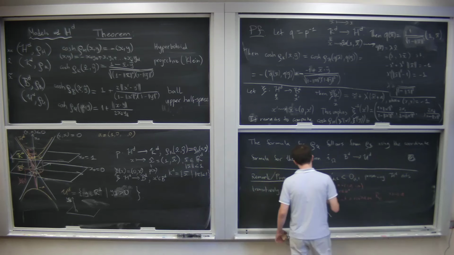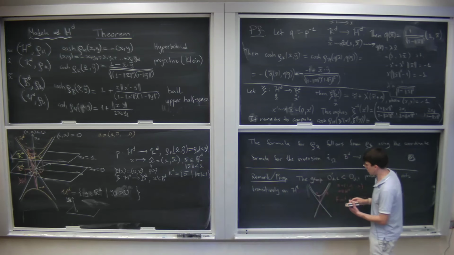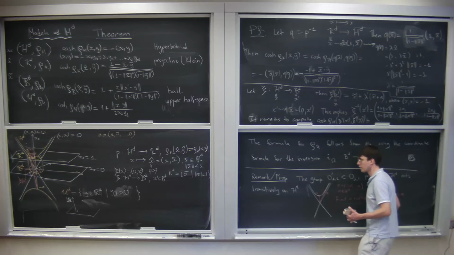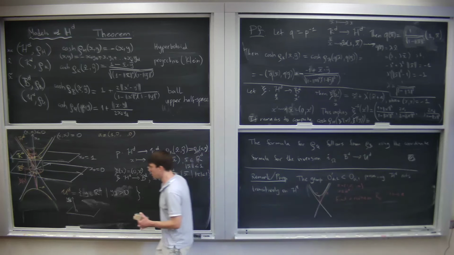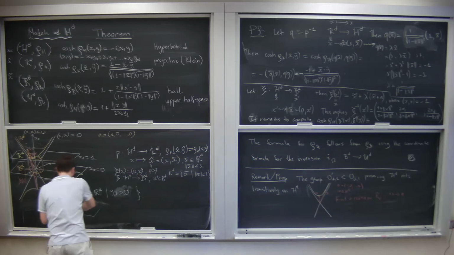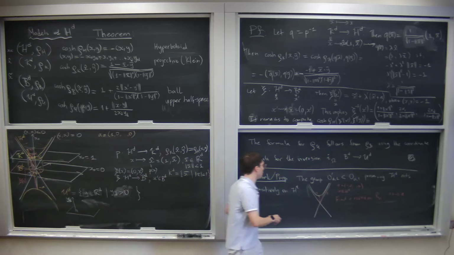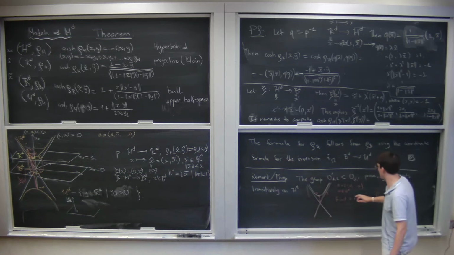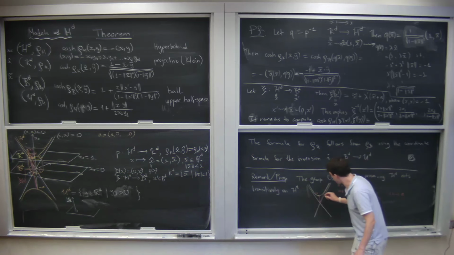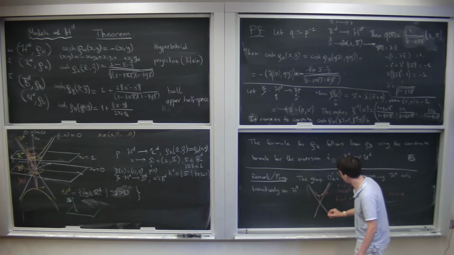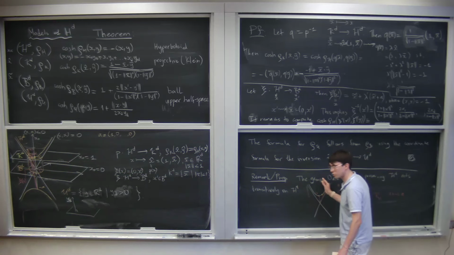So how should this reflection look like? That's the main question. This is obtained by the following. You have a geodesic segment from A to X, and we need the bisector, the hyperplane bisector.